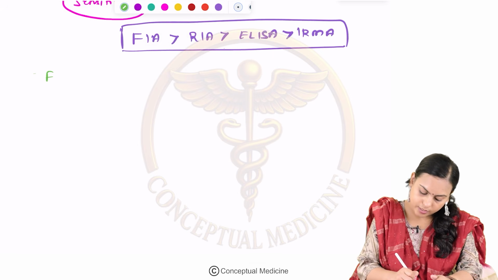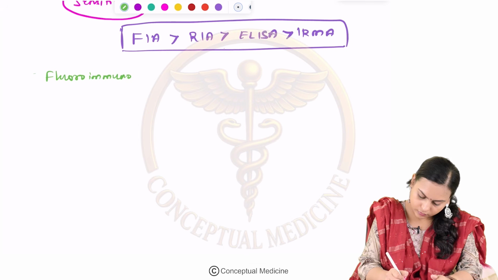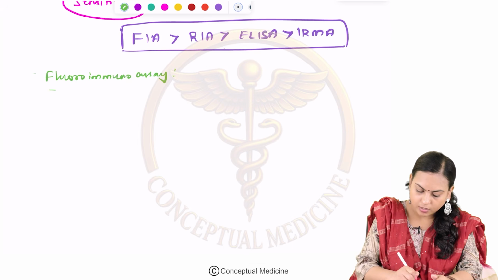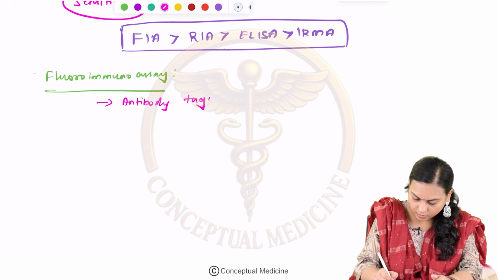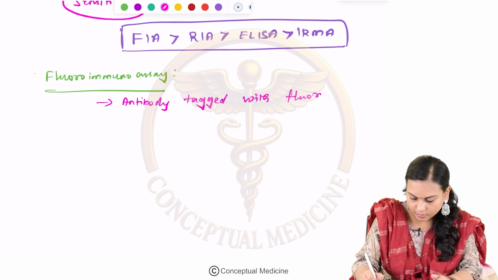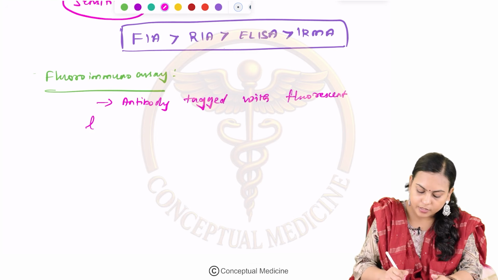In fluoroimmunoassay, antibody tagged with fluorescent label is used.